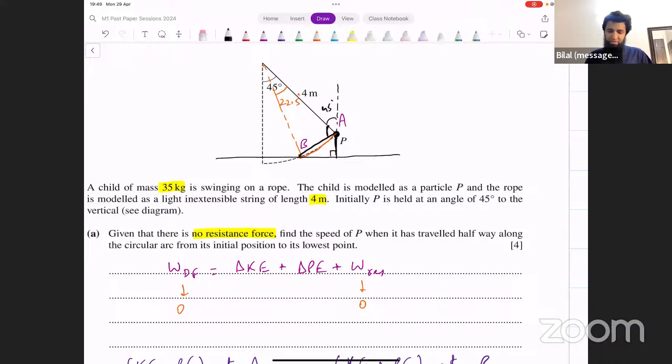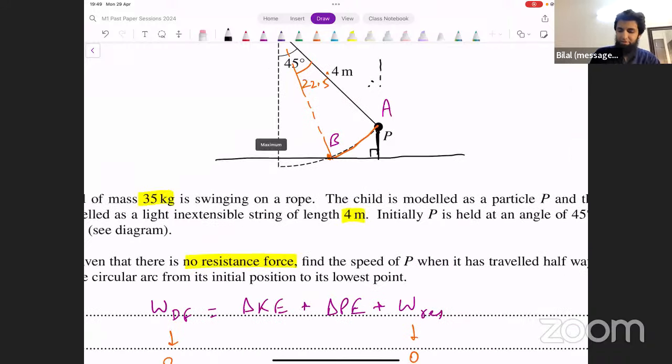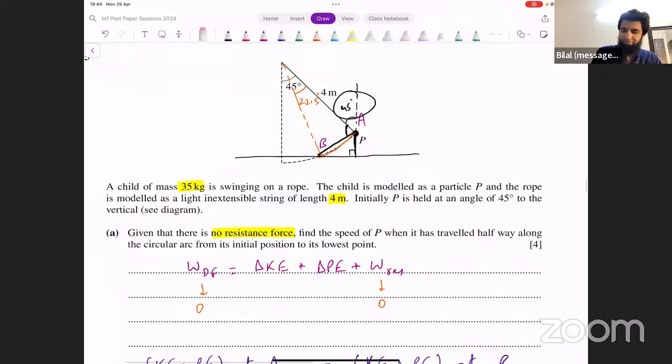Now, there might be a simpler way of figuring this out. That angle is 22.5 and okay, let's do it this way. So this angle is 45, right? Why? Because these are alternate angles, the ones that I've encircled.